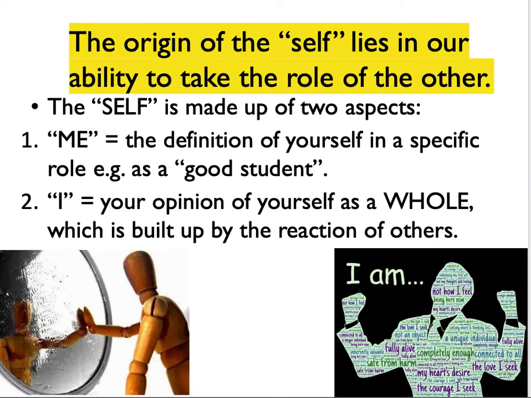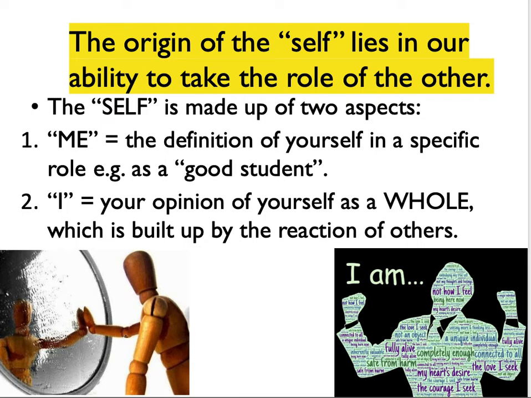Mead argued that through the process of role-taking, a person develops a concept of self. Mead saw the development of a sense of self as an essential part of the process of becoming human. It provides the basis for thought and action. Without an awareness of self, an individual cannot direct their own actions or respond to the actions of others.